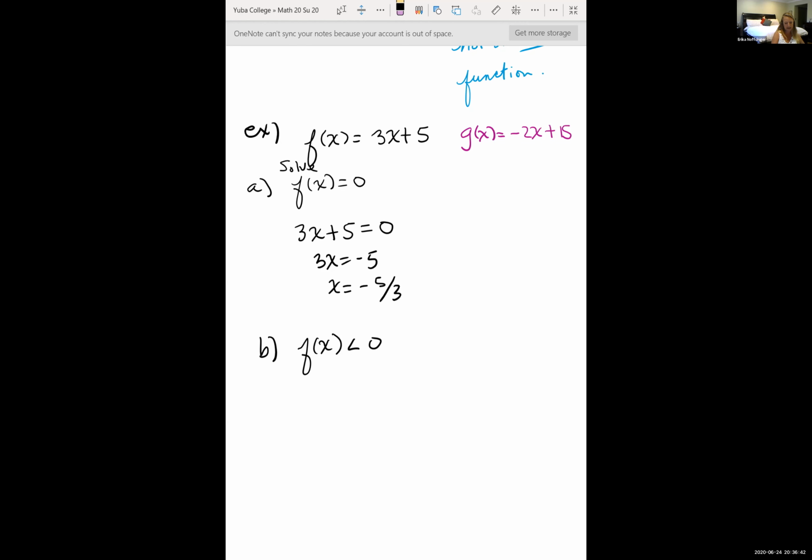Well, as long as I didn't multiply or divide by a negative number when I was solving for x, it shouldn't have changed my inequality. So I was looking at when is 3x plus 5 less than 0. Subtracting 5 doesn't change my inequality. Dividing by 3 doesn't change my inequality symbol. So x is less than negative 5/3.